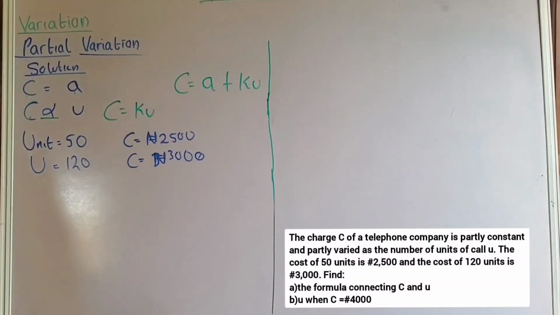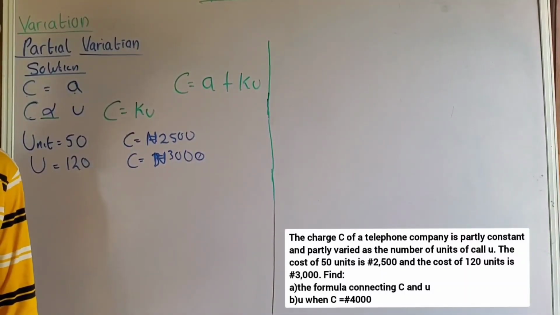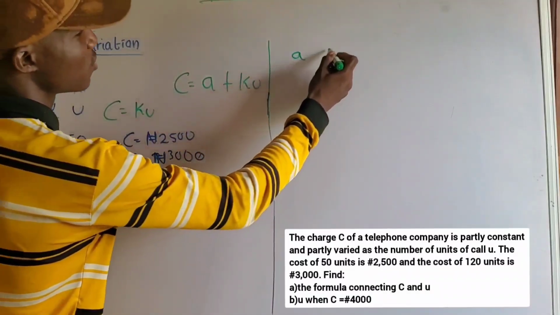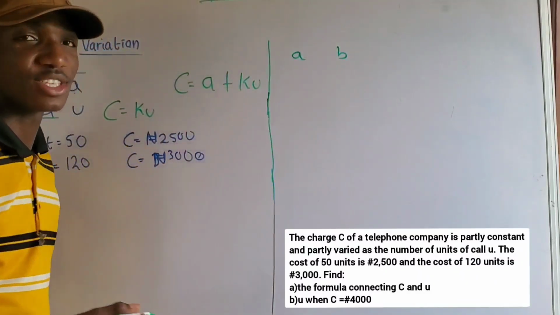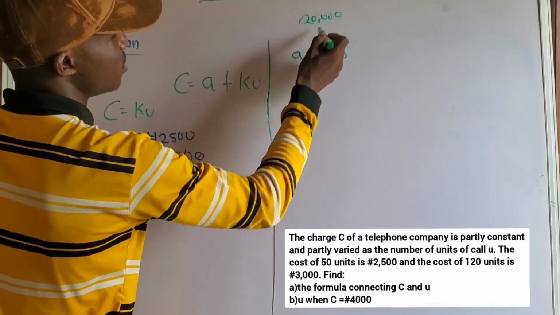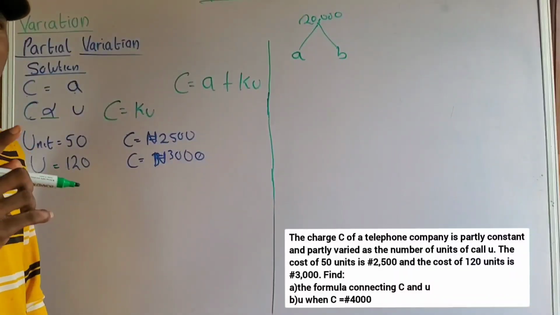Let's say I shared 20,000 naira between two people, A and B. I shared the money equally. Now that means each of them is going to receive 10,000 naira, right?